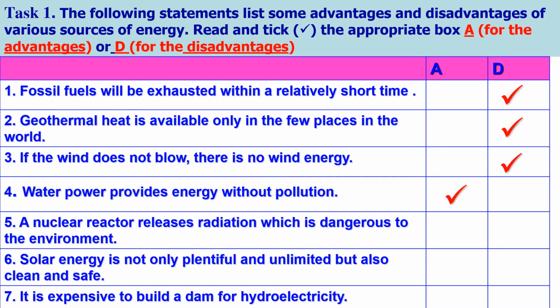A. 5. A nuclear reactor releases radiation which is dangerous to the environment. D. 6. Solar energy is not only plentiful and unlimited, but also clean and safe. A. 7. It is expensive to build a dam for hydroelectricity. D.